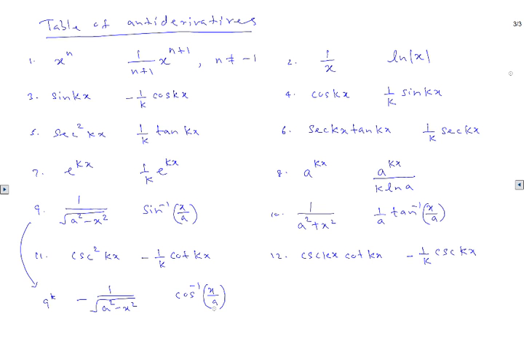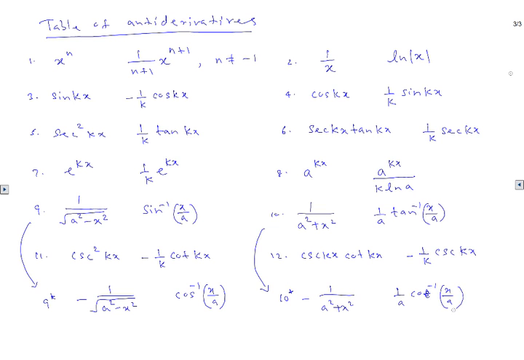The same thing works with that one. If you put a negative sign here, so it is negative 1 over a squared plus x squared, this becomes 1 over a cotangent x over a. So you can do that.